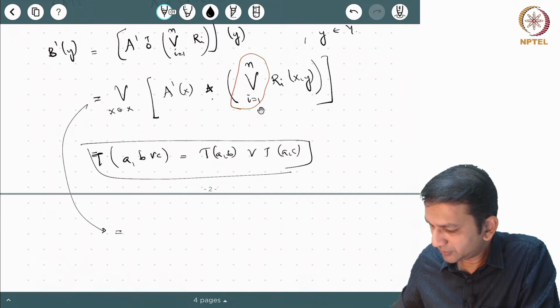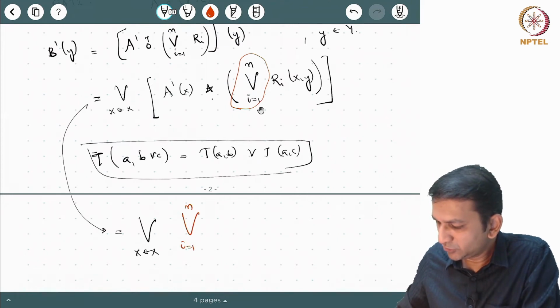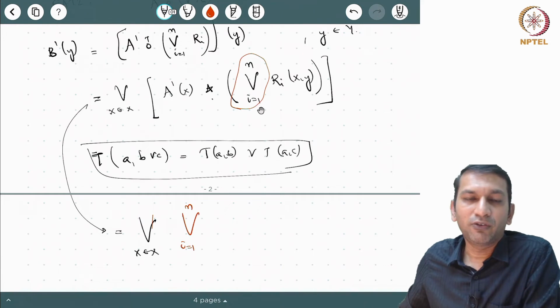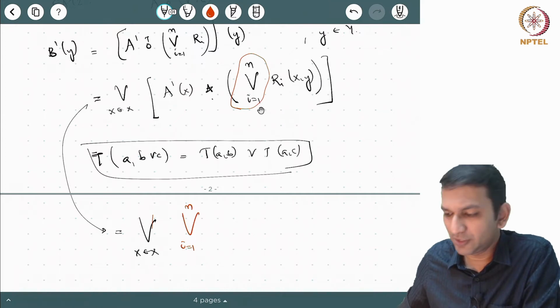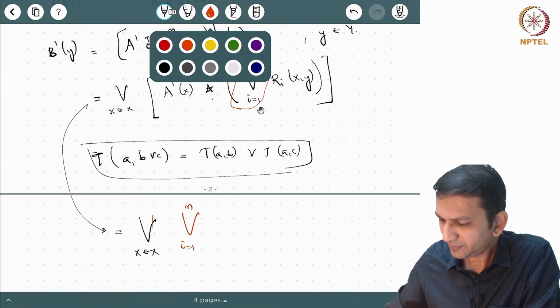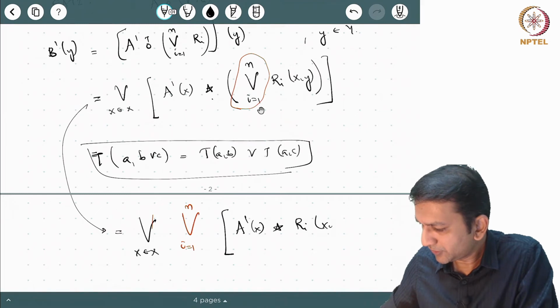So this becomes supremum x element of X, and this or here is the disjunction of the rules i equal to 1 to n, of A dash of x star Ri of x, y. Note that this supremum here is of the elements varying over the domain X.